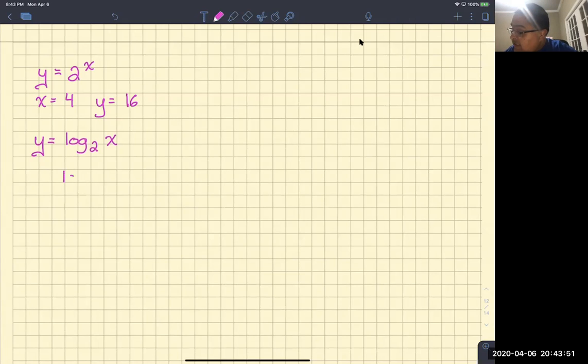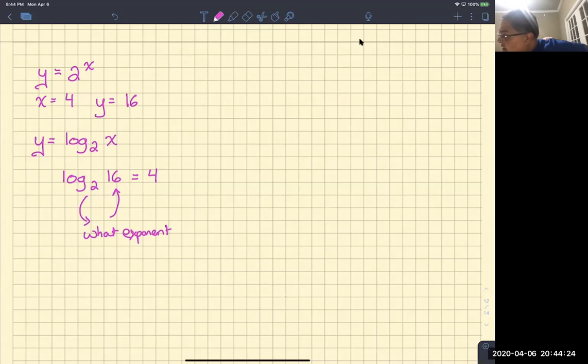We will plug in 16, and say, 2 to what power? Let me illustrate it this way. 2 to what exponent gives me 16? And we saw that the answer was 4.